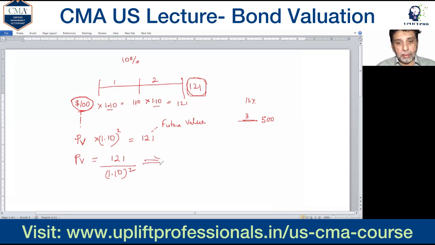Yes, I'll come to that. So if you want to put it in a formula: present value equals future value divided by 1 plus the interest or discounting rate, that is 0.10, whole to the power of n, where n is the number of years. That would give us the present value.